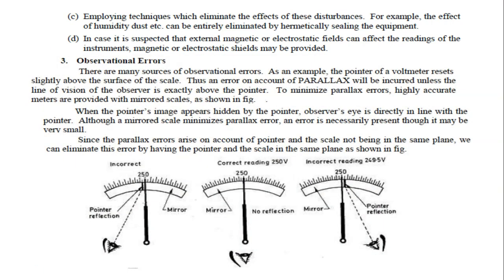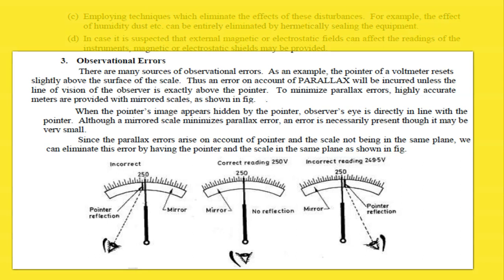The last error in systematic error is observational error. When you're reading the instrument, if you're not standing in the correct position, it leads to observational error. You would have heard of the term parallax error. Another name for observational error is parallax error.